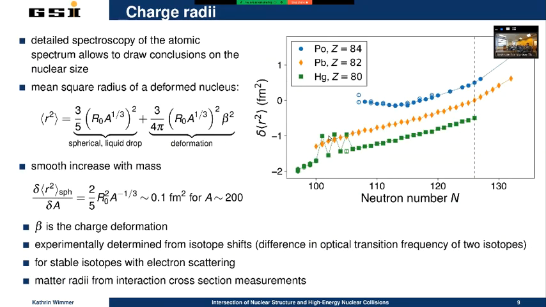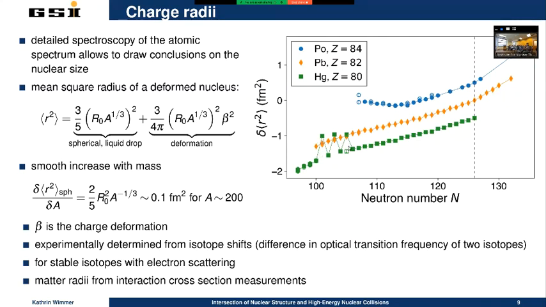Okay, and then as you can see here, very interesting in mercury, the charge radius jumps from isotope to isotope. And this discovery of this shape staggering created a lot of interest in this region, because by just adding or removing one neutron, the shape changes between spherical and deformed.